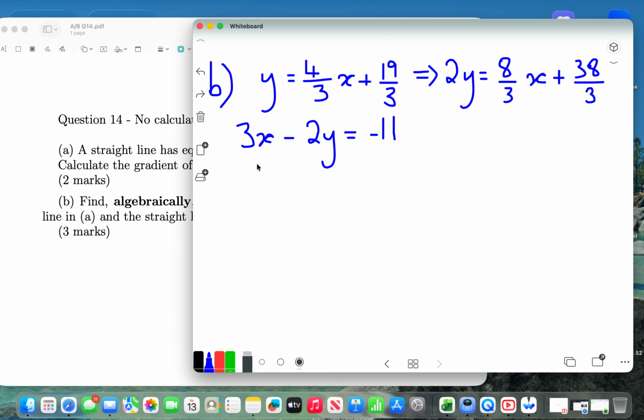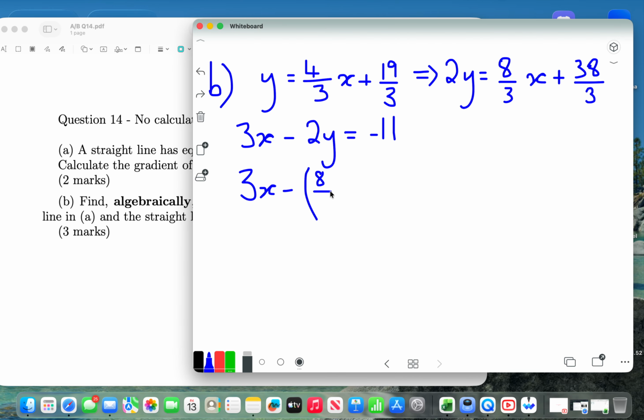And we can then plug this in. Remember, we have to plug in for minus 2y instead of y. So we then plug in for the 2y. Make sure to put this negative.